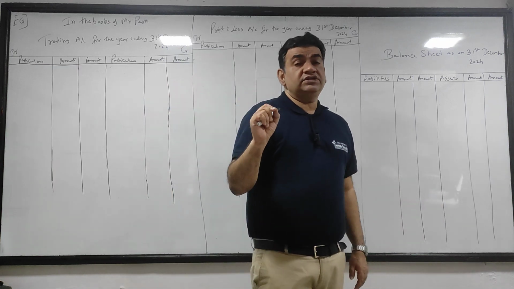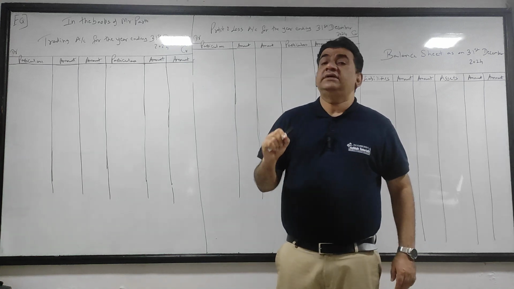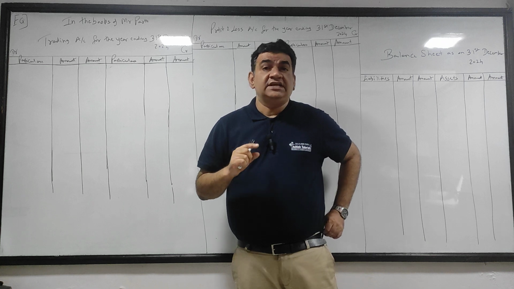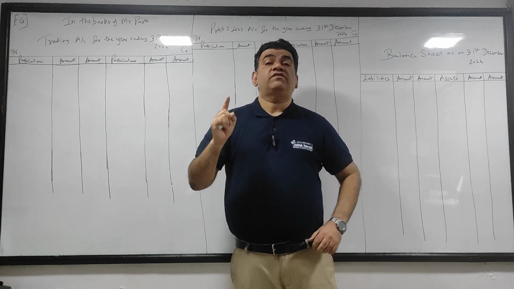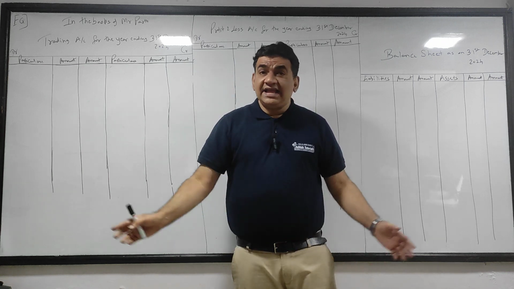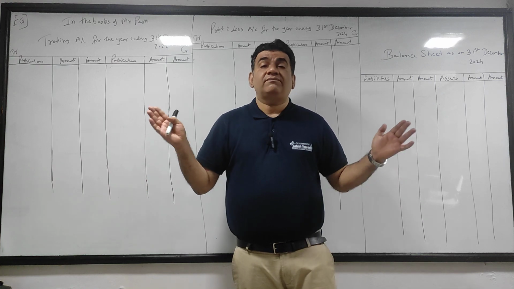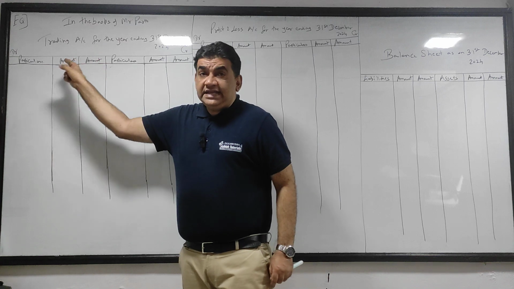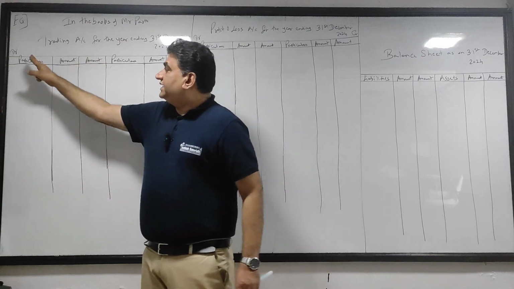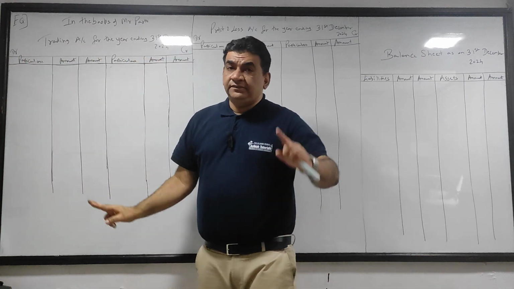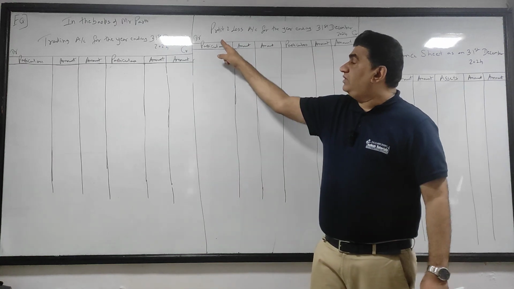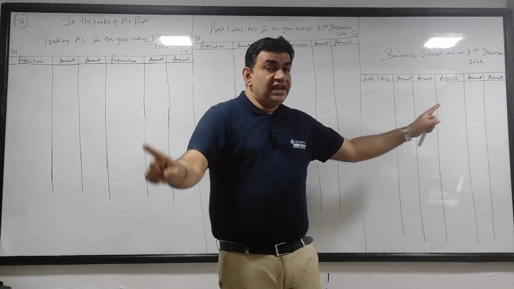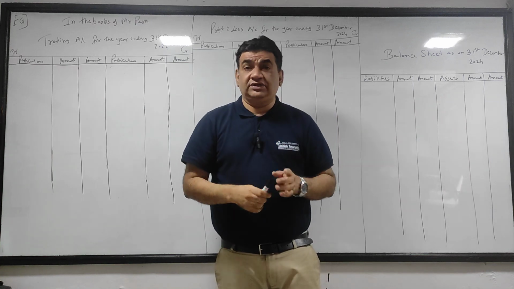Now before I get into the sum, a very important point, not only important from objectives of FYJC but also objectives of SYJC, and very important point from practical life point of view. देखो ध्यान से, ट्रेडिंग अकाउंट है, इसके लिए डेबिट क्रेडिट, प्रॉफिट एंड लॉस अकाउंट है, इसके लिए डेबिट क्रेडिट, but balance sheet is not an account.